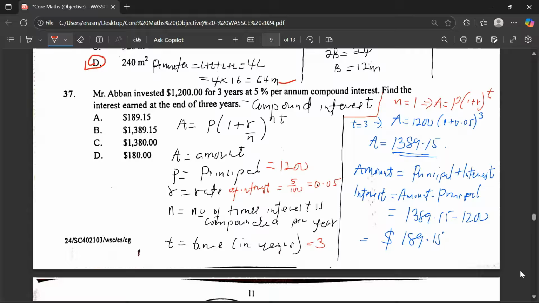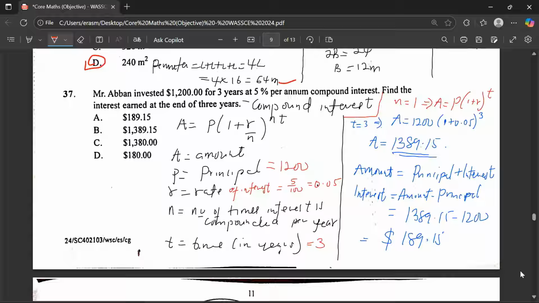R is the rate of interest, N is the number of times the interest is compounded per year, and T is the time in years.